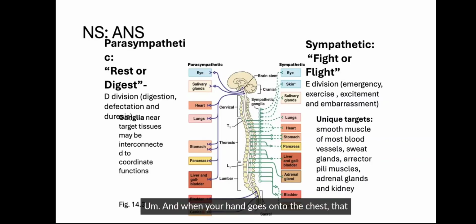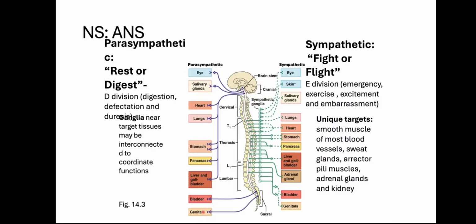And when your hand goes onto the chest, that comforts the chest. There's a reflex going on that activates parasympathetic, and it causes your heart to slow down, because you just received really bad news, and you don't want your heart to get that much sympathetic stimulation. So heart rate slows down. Parasympathetic only innervates the pacemaker of the heart. Okay, all the pacemakers. It does not innervate contractile cardiac muscle.